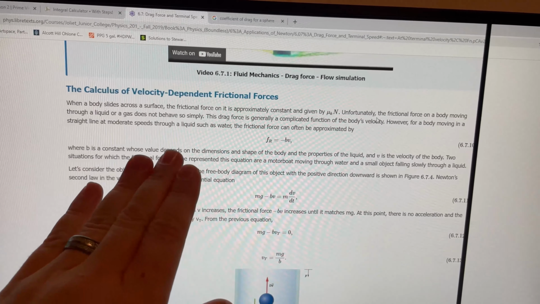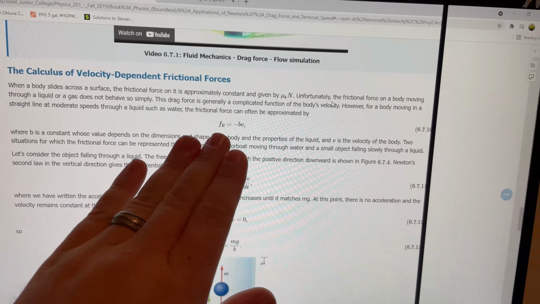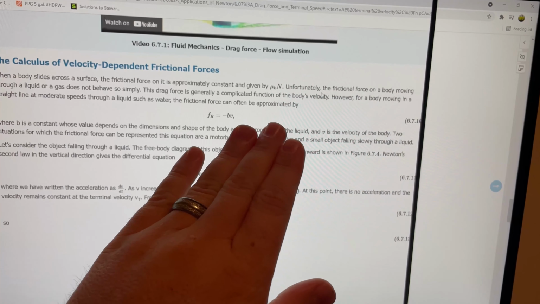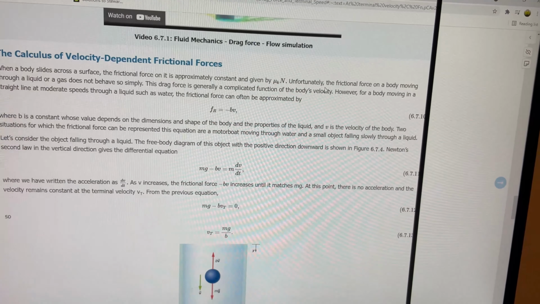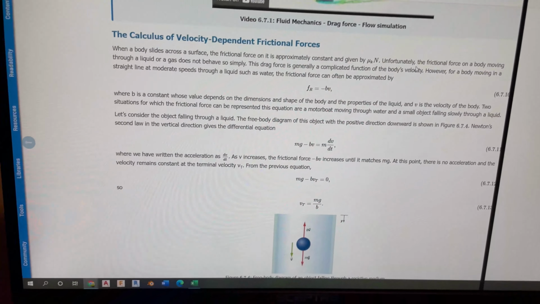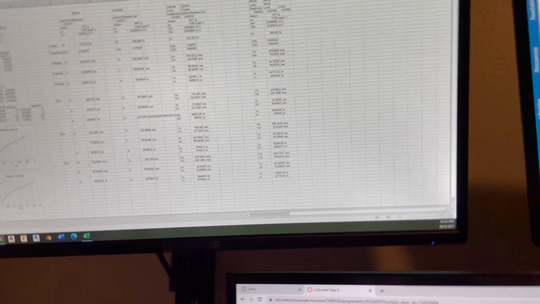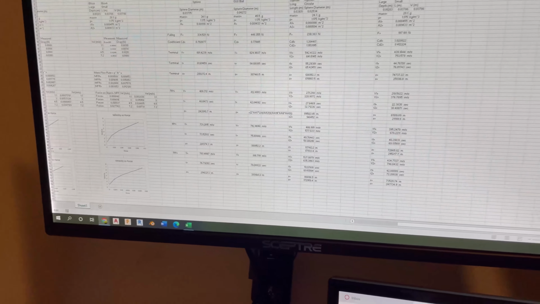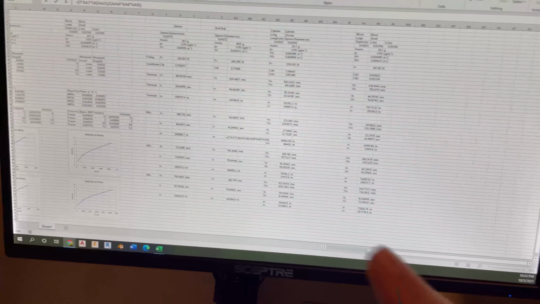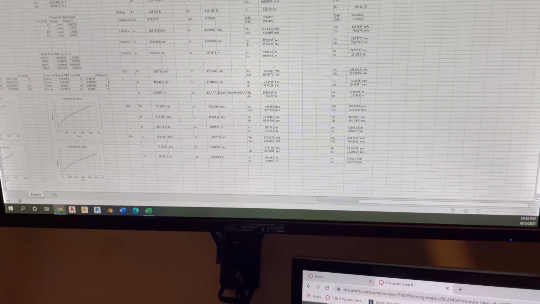However, for a body moving in a straight line at moderate speeds through a liquid such as water, the frictional force can often be approximated by F = -bv. So, I didn't use Reynolds number or anything fancy like that.